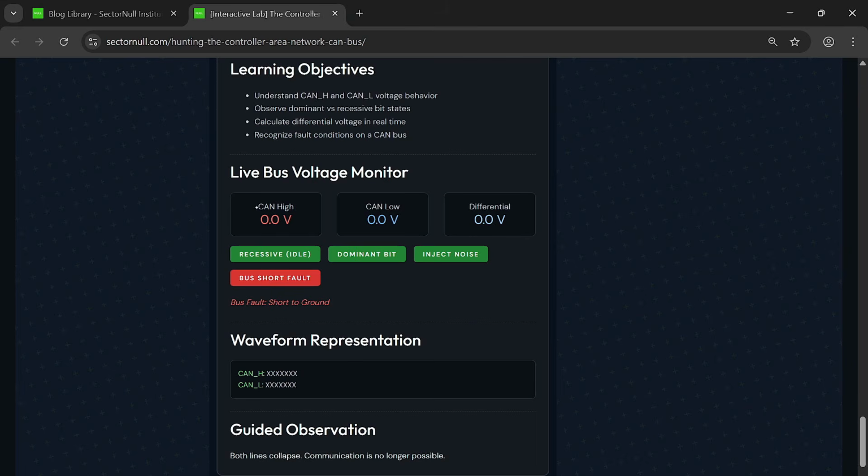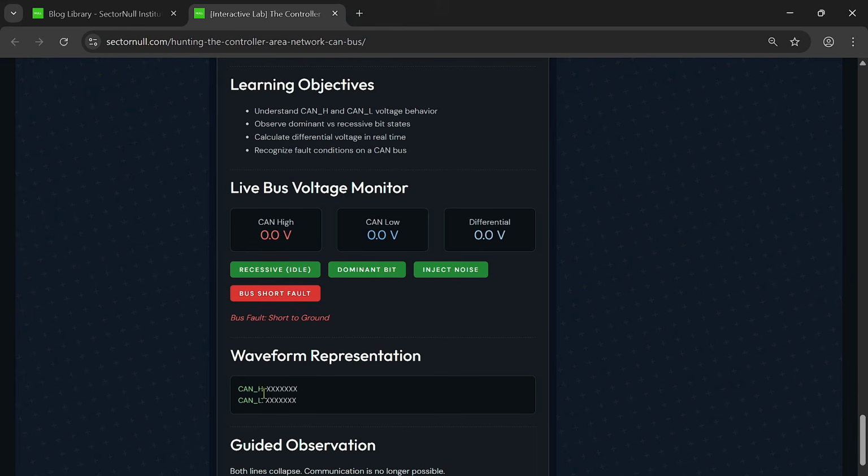Now, this is what the short to ground looks like on a CAN bus. Both lines have collapsed completely, as you can see. The receiver here sees nothing, and from the electronic control unit or engine control unit's point of view, the bus has ceased to exist. And now look at the waveform representation.